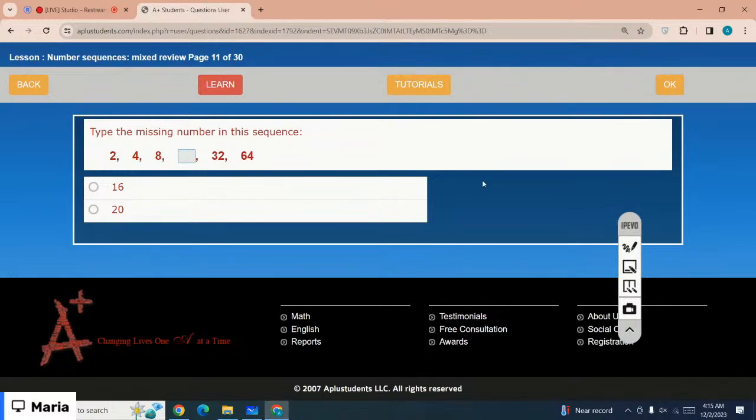The next number in the sequence is 16. The correct option is 16.